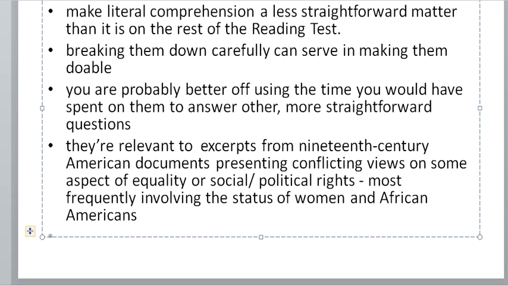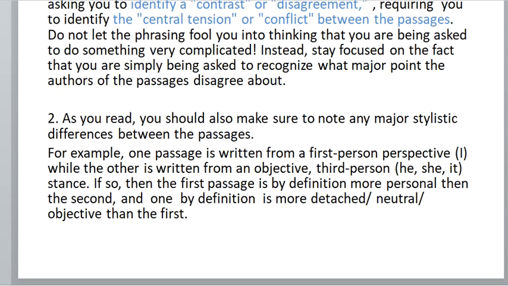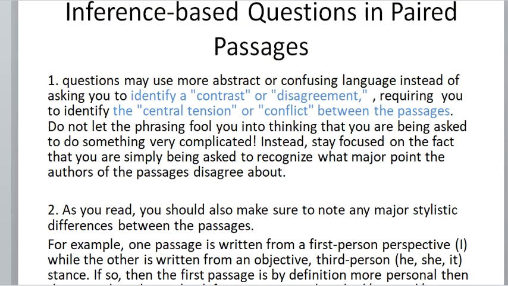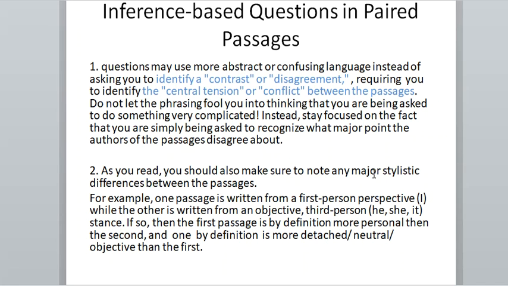Up next, we're going to get more into the questions. So these questions may use more abstract, not tangible, or confusing, complex language instead of asking you to identify a contrast or disagreement, requiring you to identify the central tension or conflict between the passages.